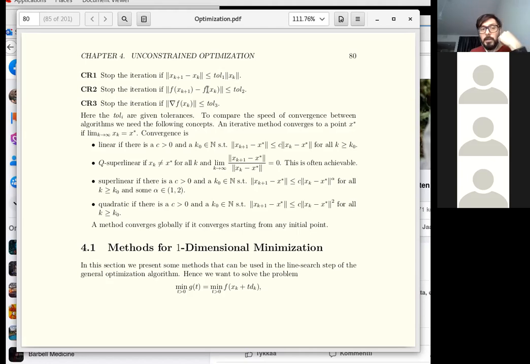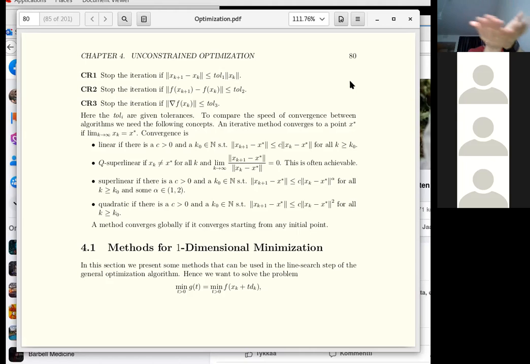The other possibility is to have a criterion for stopping when the function doesn't change anymore. If you move from one point to another, you may even move a pretty long distance, but the function itself doesn't budge. So maybe we found a valley at the bottom of a multi-dimensional problem.